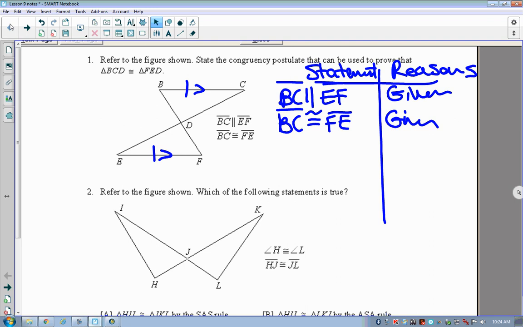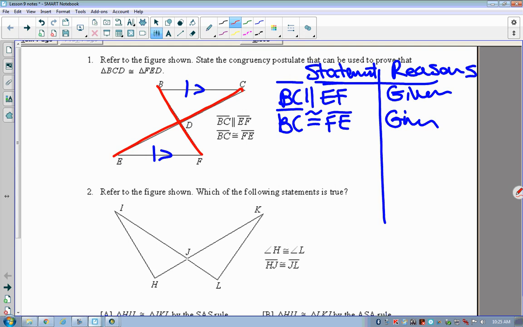Can anybody tell me what we know from looking at this? David's saying that I've got two lines coming across here. When two lines cross, we form linear pairs, adjacent angles, and vertical angles.